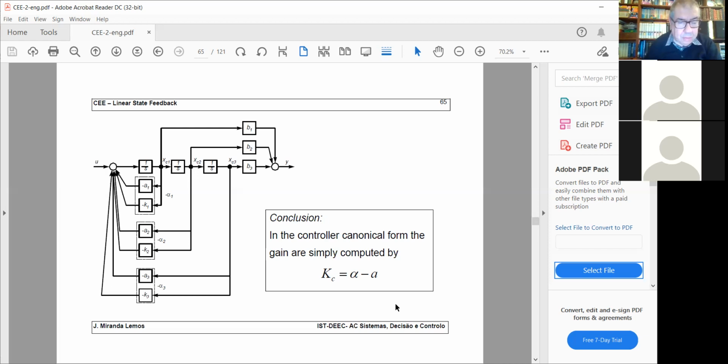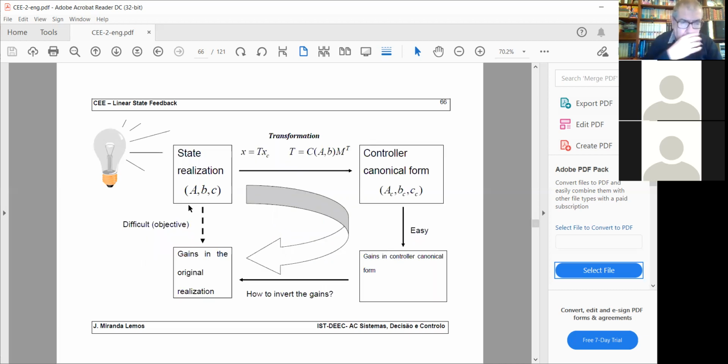Now, you have one problem, which is that your state realization in general is not in the controller canonical form. So what shall we do?